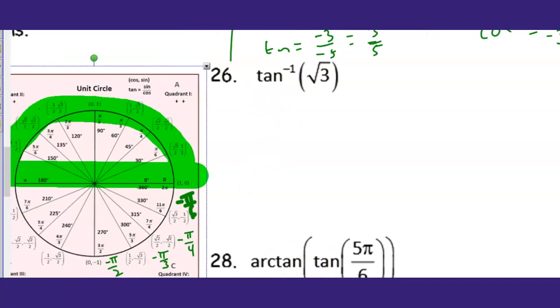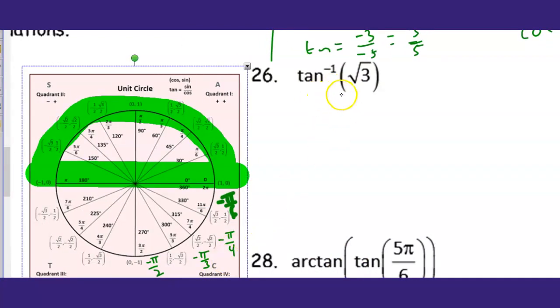Tangent inverse of radical 3. So radical 3. Remember, arc tangent is only on this side, in the yellow. Anyway, radical 3.